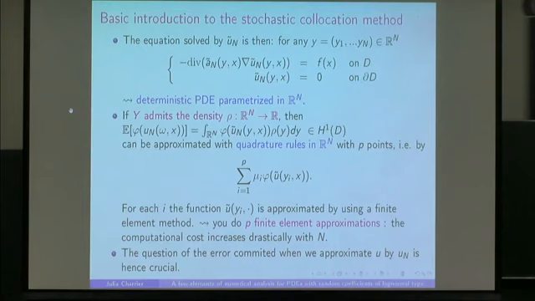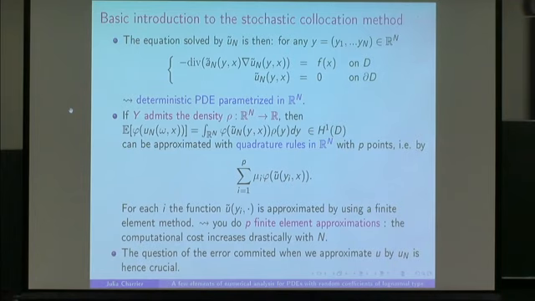So that's basically the simplest and most basic version of the stochastic collocation method. When you do this, as I have explained before, if you do a vanilla collocation, the cost increases exponentially with n. It's better if you use, of course, sparse grids.